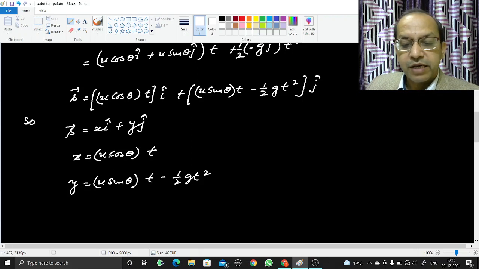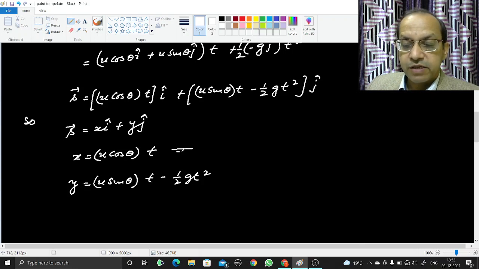So the x component is u cos theta t and the y component of the displacement is u sin theta t minus half g t square. Now, if you want to find the trajectory of the particle, that means the path of the particle, whether it is a straight line, parabola, ellipse, or whatever it is, we can find the relation between x and y. How? We can eliminate the t.